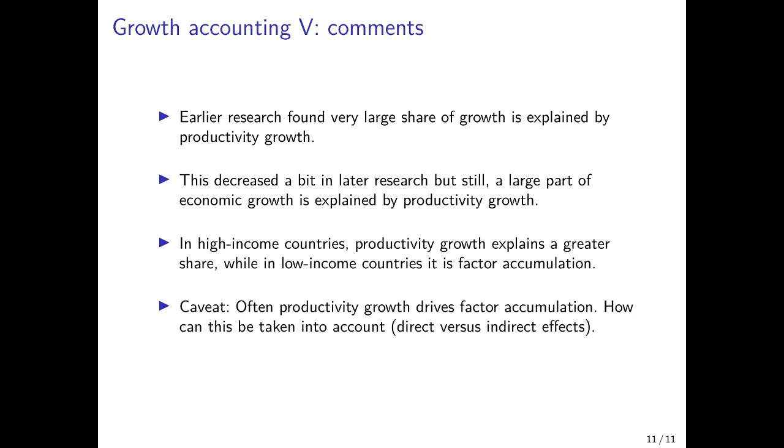It was not considering that the components themselves might be driven by productivity growth. So that's a question of direct versus indirect effects. If one takes into account these indirect effects, one would see that an even larger share of total growth is explained eventually by productivity growth.